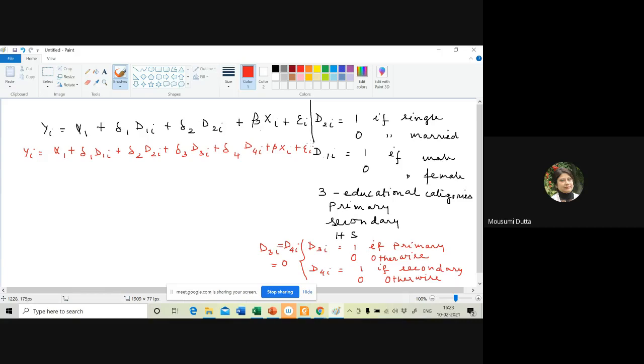So in a single equation, you can now consider another variable having, say, another 4 categories. So you will be able to introduce 3 dummy variables and do that.